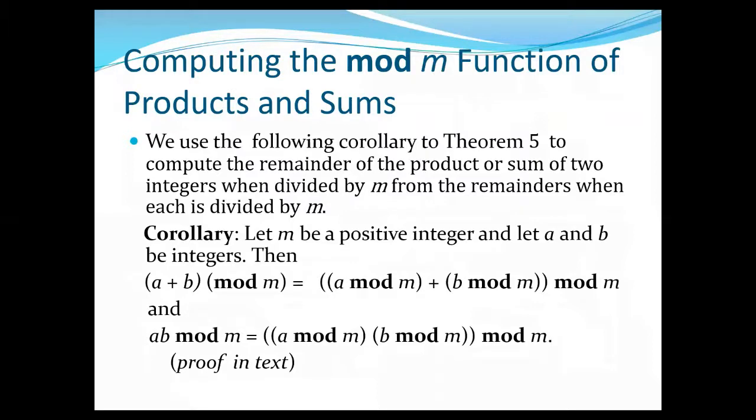Now, computing the mod M function of products and sums. If we have A plus B mod M, it could be rewritten as (A mod M plus B mod M) mod M. Basically we just distribute mod M to each and we retain one mod M. AB mod M is (A mod M times B mod M) mod M. So this is how we evaluate this equation.